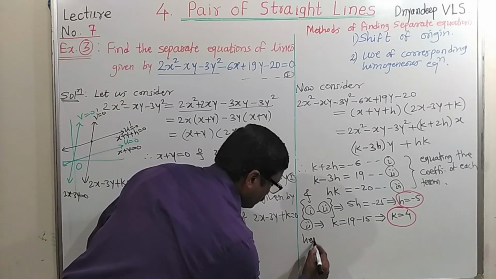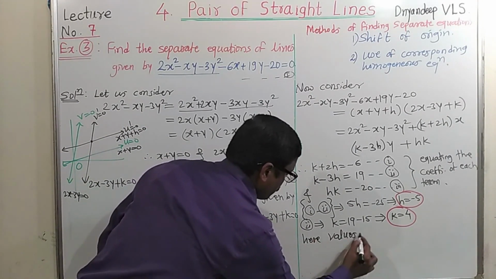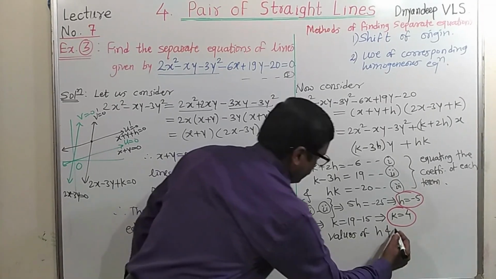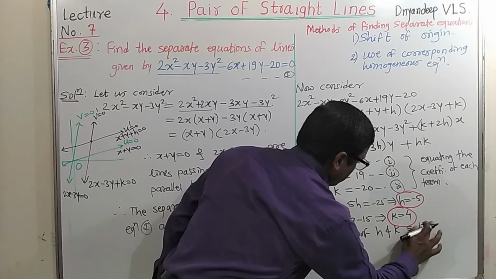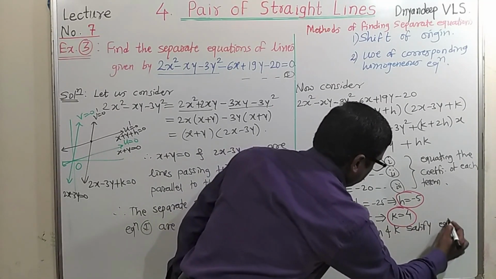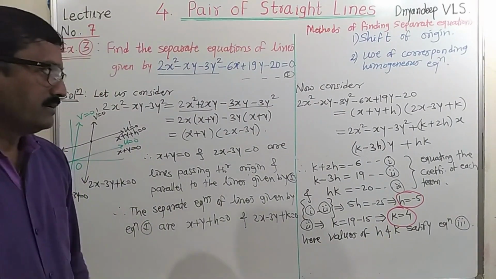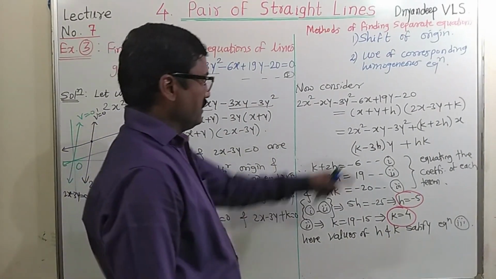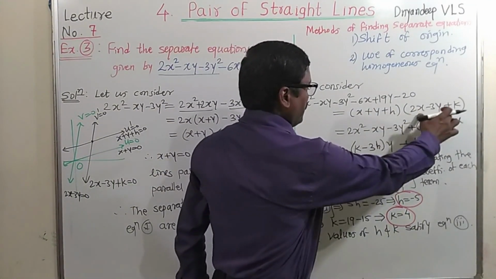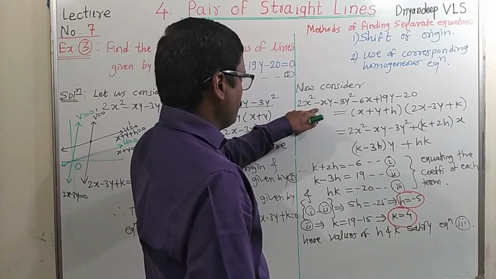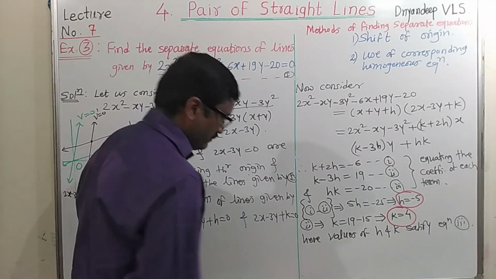Here h and k satisfy equation 3. Therefore, h and k have real values. These are the proper factors of this expression, and these are the separate equations of this line.